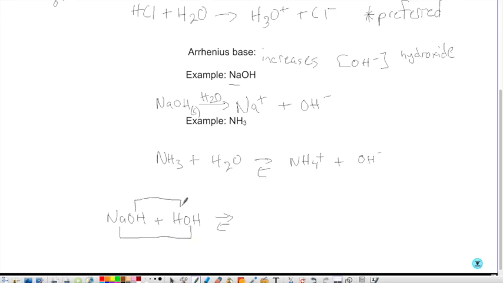One of my products is going to be HOH, being water. Notice that my water just gets regenerated on both sides. That's why we don't do it. And these ions, the sodium ion and this hydroxide ion, actually break apart because we're in water.